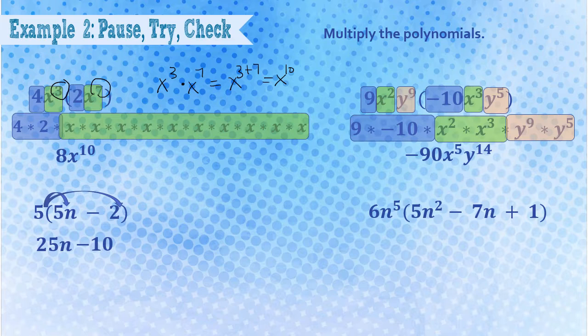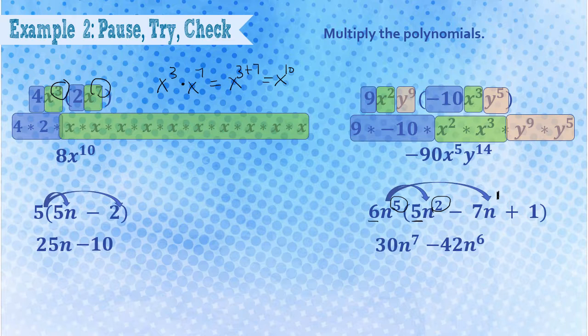Another example here, this time I have a monomial of 6n to the 5th. So when I multiply that through, we multiply those number parts together, those coefficients. 6 times 5 gives me the 30, and then we combine our variables here by adding our exponents. N to the 5th times n to the 2nd gives me n to the 7th. Middle term, 6 times negative 7 is giving me that negative 42, and then n to the 5th times n to the 1st.